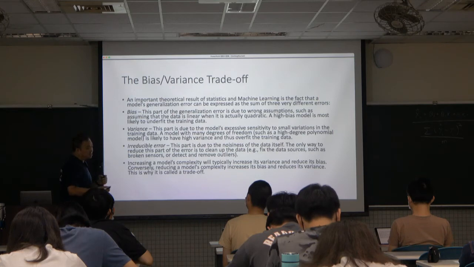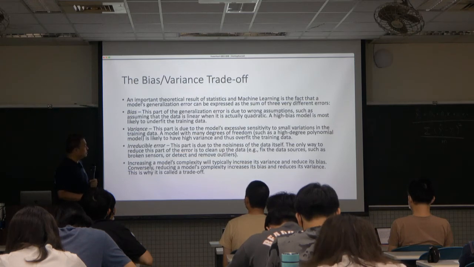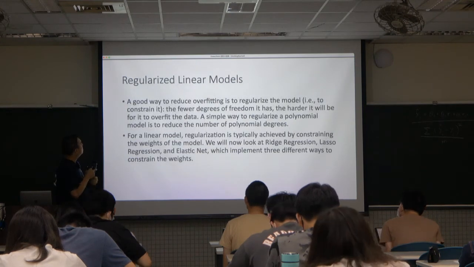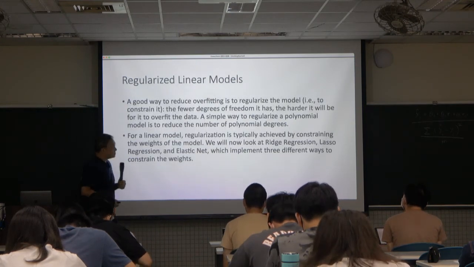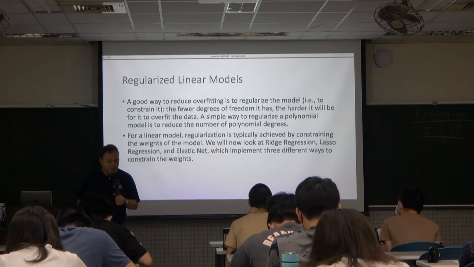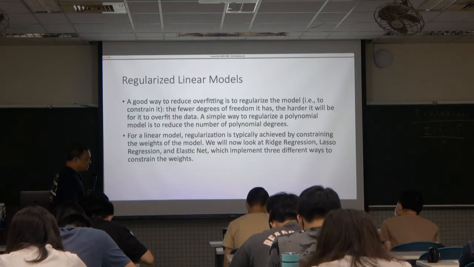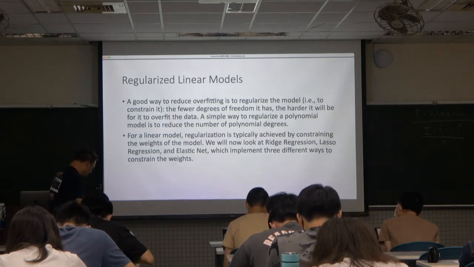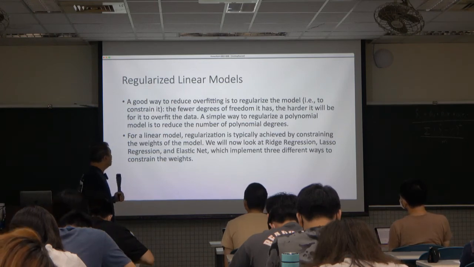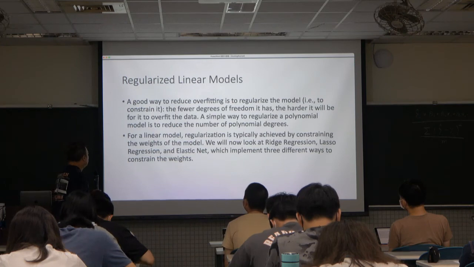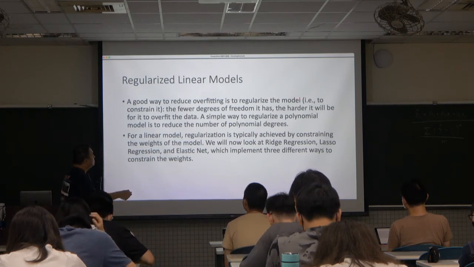But as I said, in deep learning most of the time you are dealing with overfitting, not underfitting, because the model has a lot of parameters anyway. When your model is overfitting, there are several ways you can mitigate this problem, such as regularizing the model.